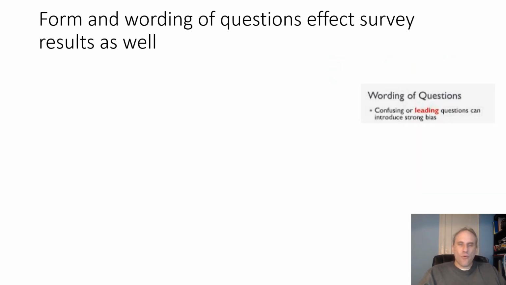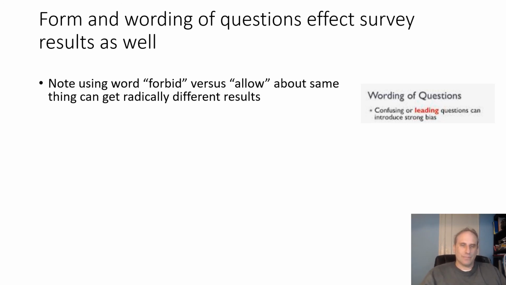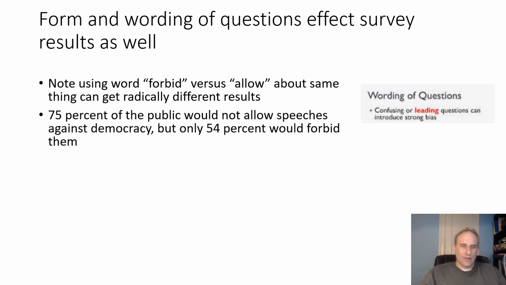And then there's the form and wording of questions. Those can affect survey results as well. Now, this seems a simple difference, but if you use the word forbid, say, should we forbid something in our society versus should we allow it, they seem like mirror images of themselves, but you get radically different results.